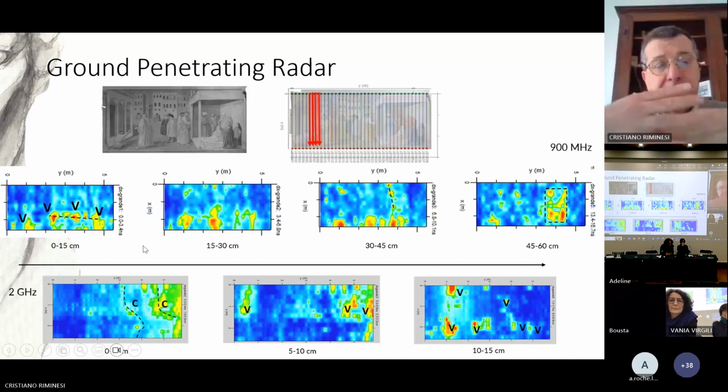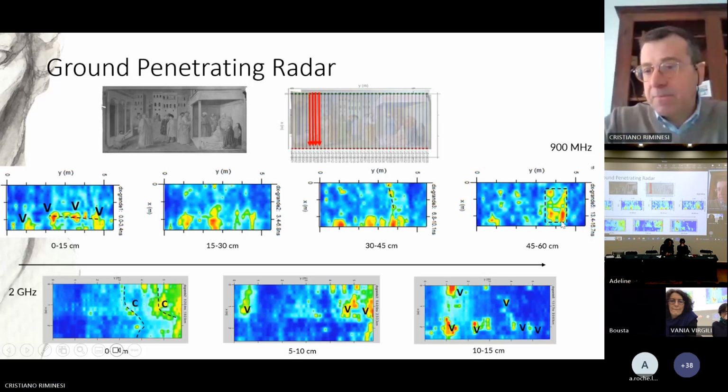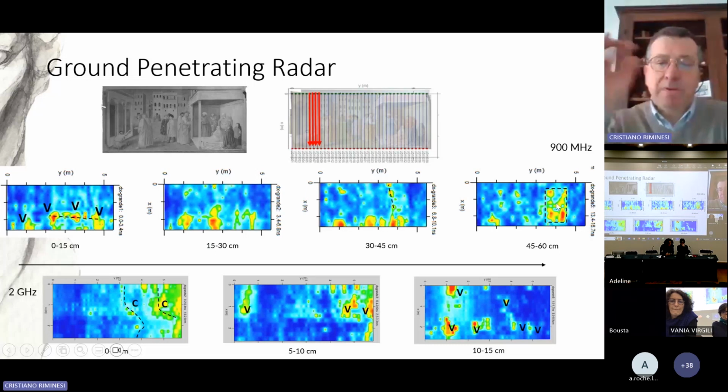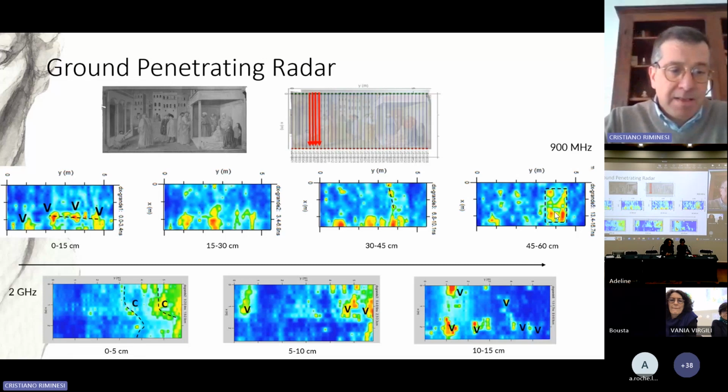We report on these 4 slides the results at different depths, and we can observe the presence of fractures inside the masonry at different levels, and the remake of the window discovered before by IR thermography.